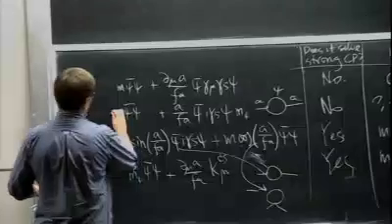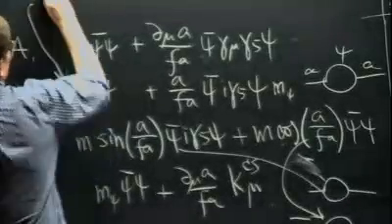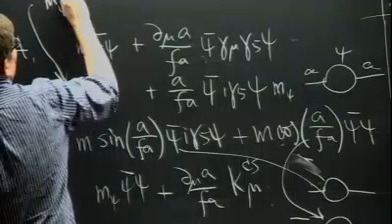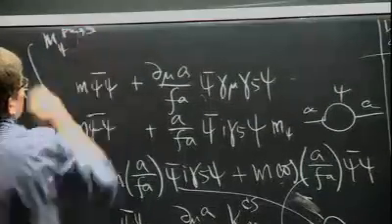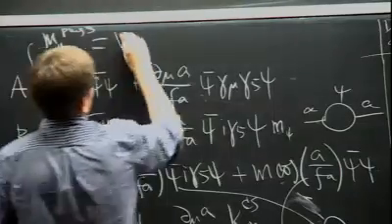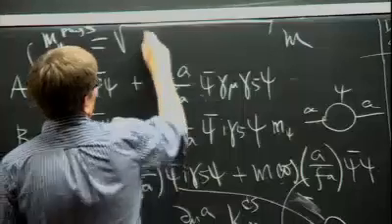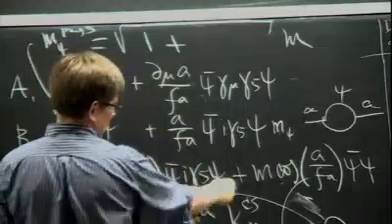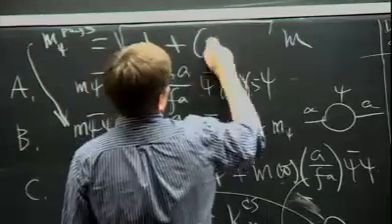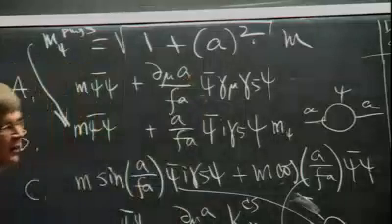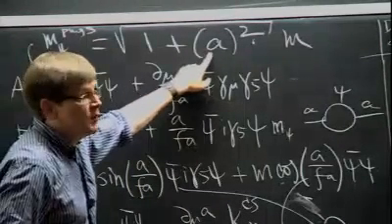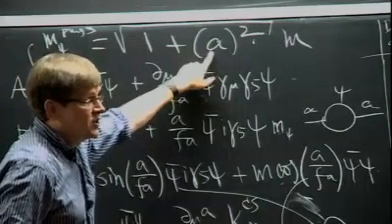If you calculate the mass of the physical psi, it will be a square root, with m standing outside, and it will be 1 plus a squared. So this thing does not possess any shift symmetry.